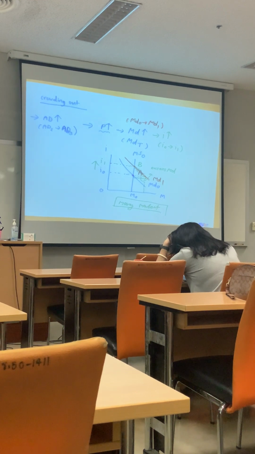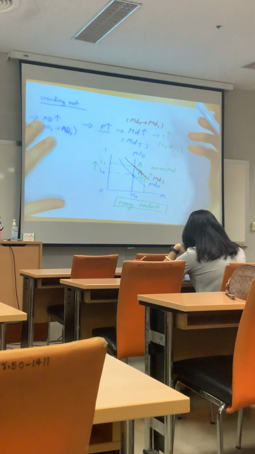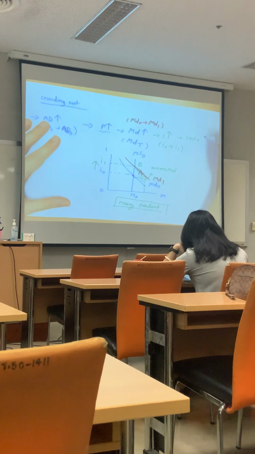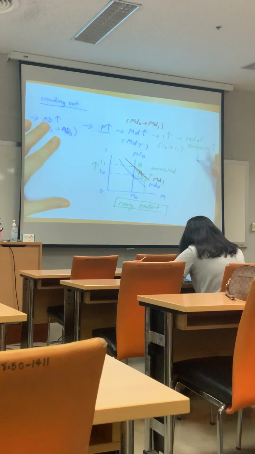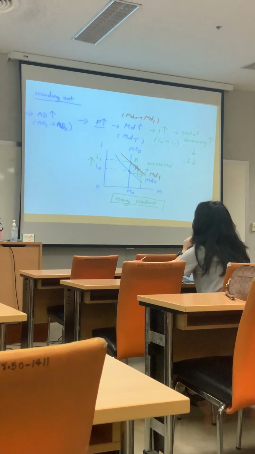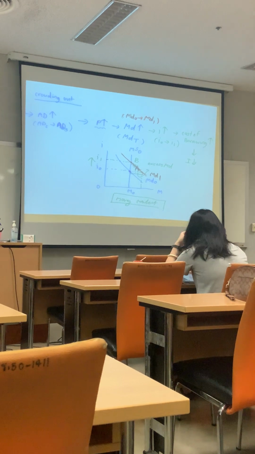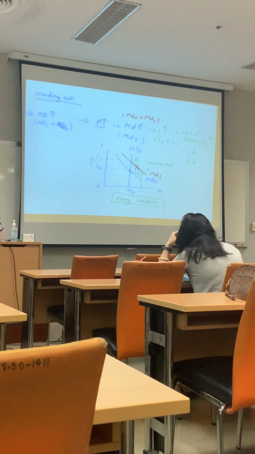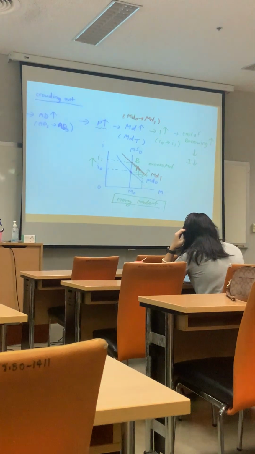So when loan rate increases, the cost of borrowing increases, no one would like to borrow, to invest. Investment goes down. So when investment goes down, what happened to AD? Yes, AD goes down or shifts leftward.